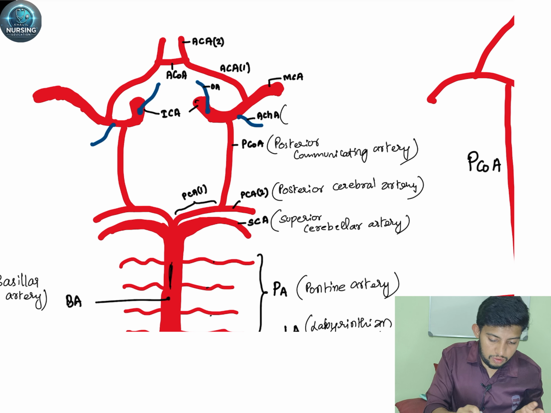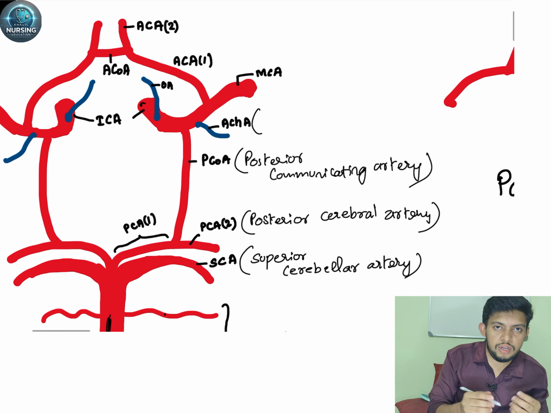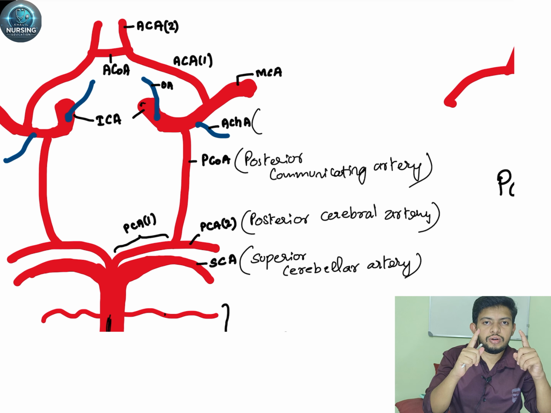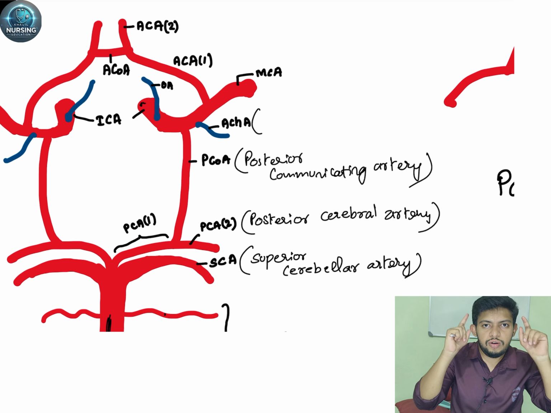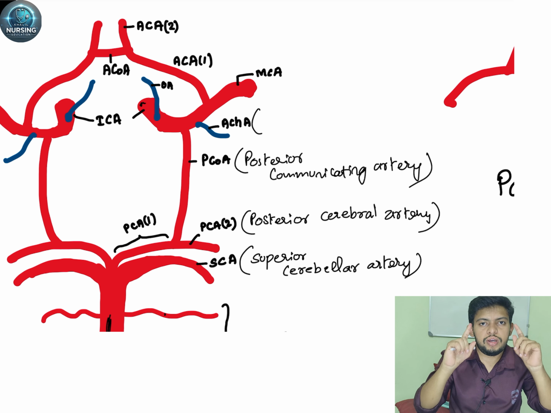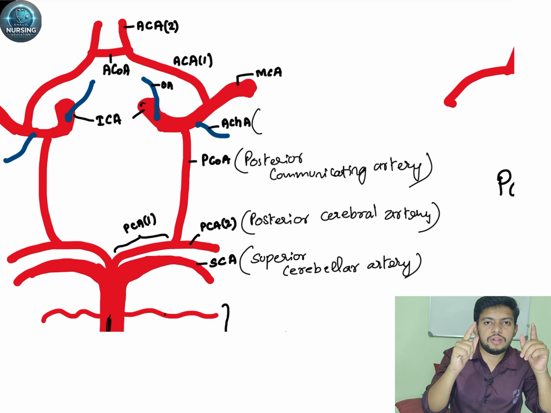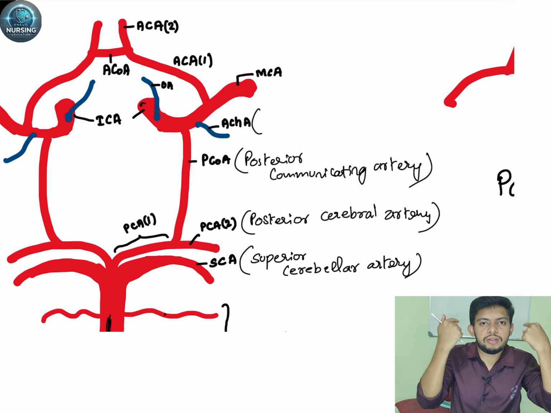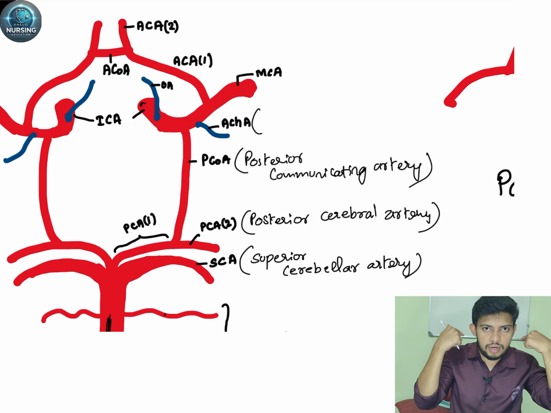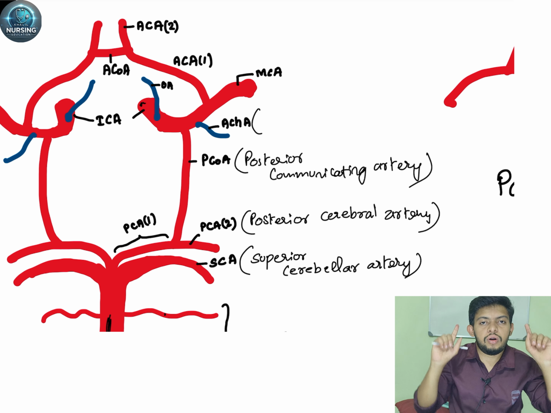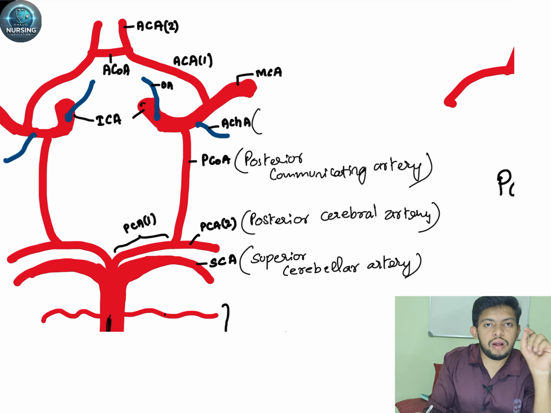Okay. Now, so this one, firstly when it enters, the first artery the internal carotid artery gives off is the ophthalmic artery. For the brain only I am saying. Okay, ophthalmic artery. After the ophthalmic artery, it will give another branch, the posterior cerebral artery. Next, it will give another one called anterior choroidal artery.